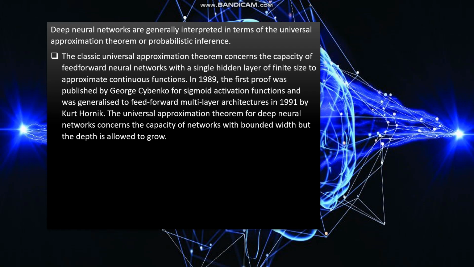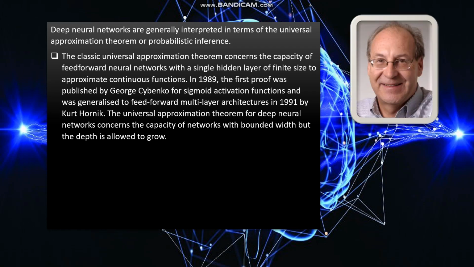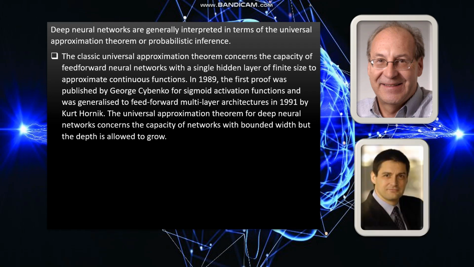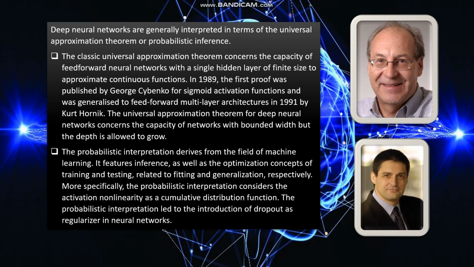In 1989, the first proof was published by George Cybenko, but for sigmoid activation functions, and was generalized to feed-forward multi-layer architectures in 1991 by Kurt Hornik. The universal approximation theorem for deep neural networks concerns the capacity of networks with bounded width, but the depth is allowed to grow. The probabilistic interpretation derives from the field of machine learning.